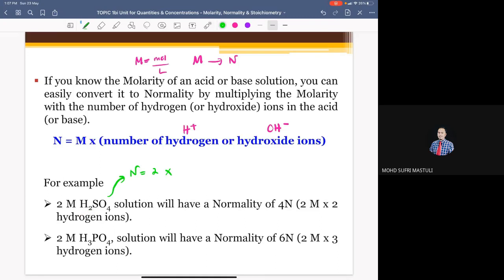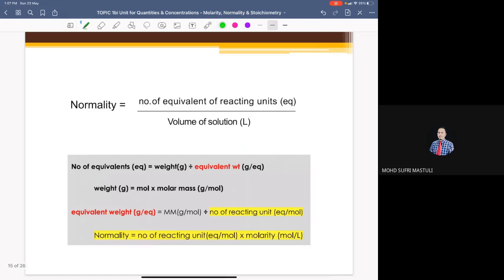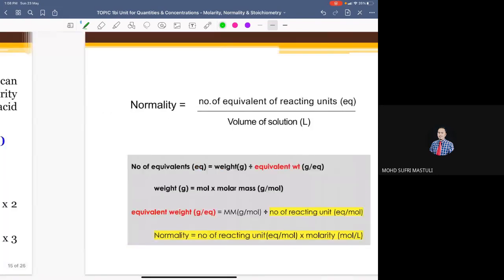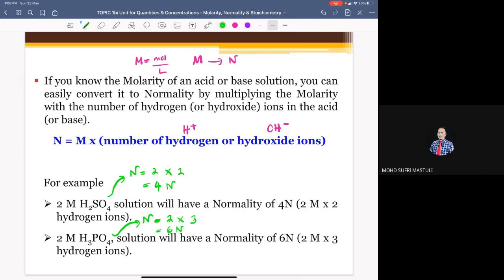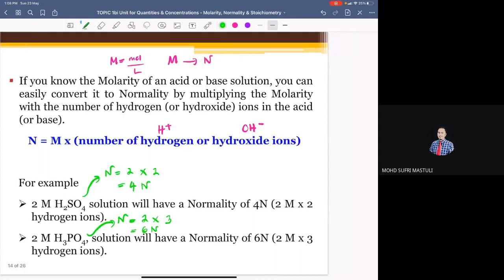So number of hydrogen in this case is 2, so it's 4N. For a 2 molarity of phosphoric acid, normality is 2 times 3, where 3 is the number of hydrogen atoms, so it's 6 normality. Okay, if you are given the molarity of that particular acid or base, it's a very straightforward calculation.